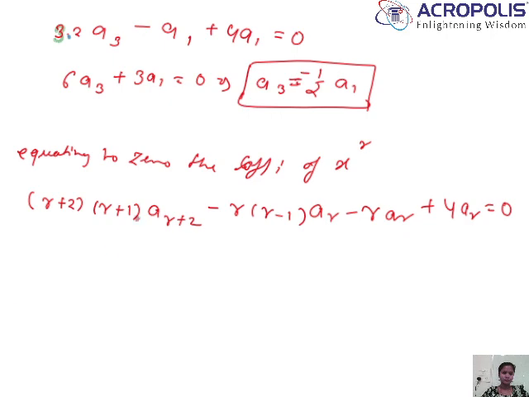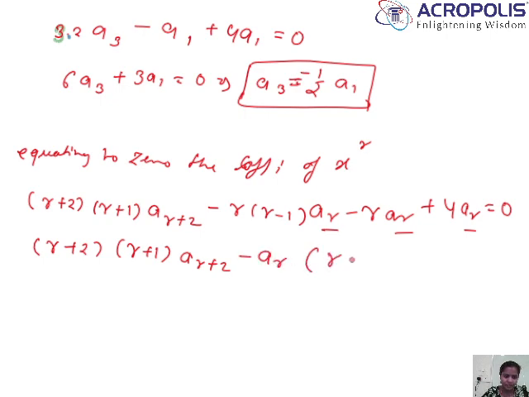Now see, r plus 2 r plus 1 ar plus 2 as it is, these three terms containing ar, I am taking minus ar as a common value. This r into r minus 1, minus sign as common, that means this plus r, and this minus 4 equal to 0.